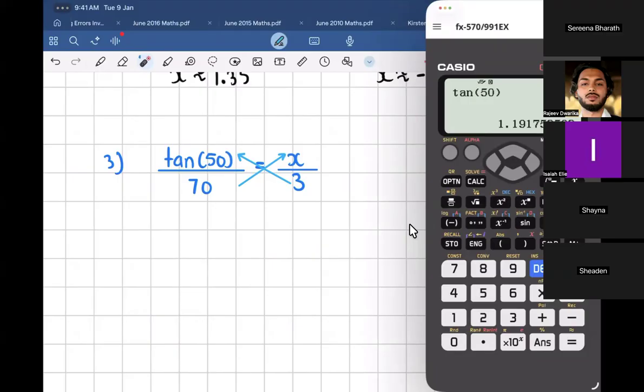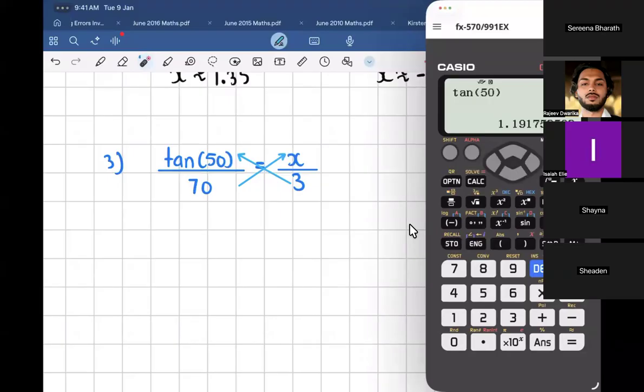I feel like I might be confusing some people here. Shay, are you in the confused category? No. So here we're saying, Shay, do you understand that tan 50 is just a fancy way of writing 1.19175353? Yeah? The same way pi is a fancy way of writing what number?